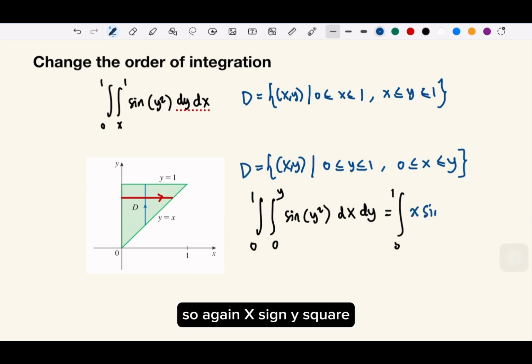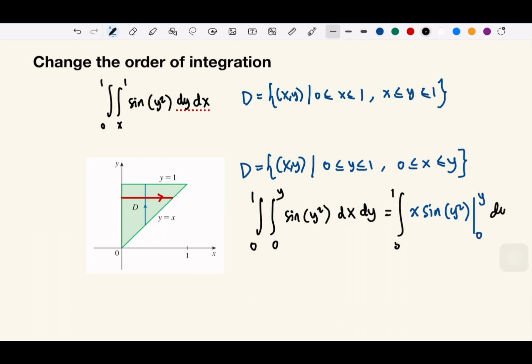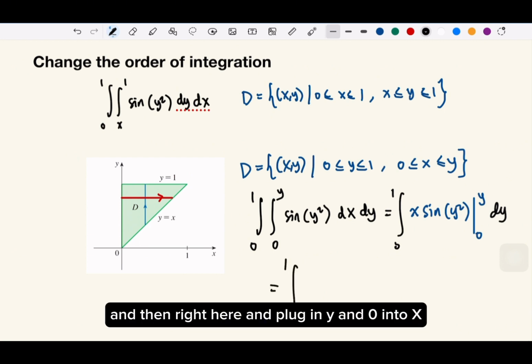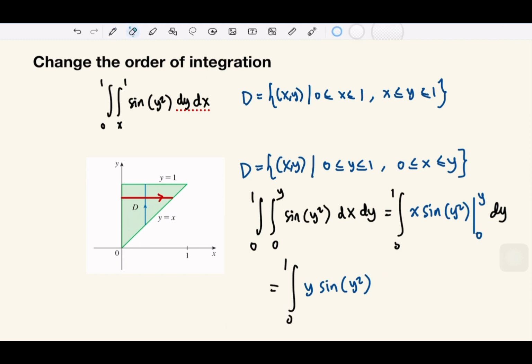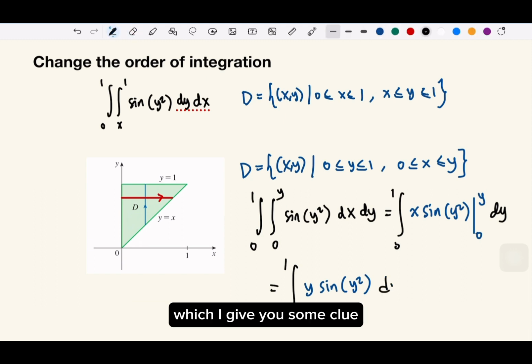So again, it's x sine y squared, and then plug in 0 and y, dy. And right here, plugging in y and 0 into x, we can just write y sine y squared dy.